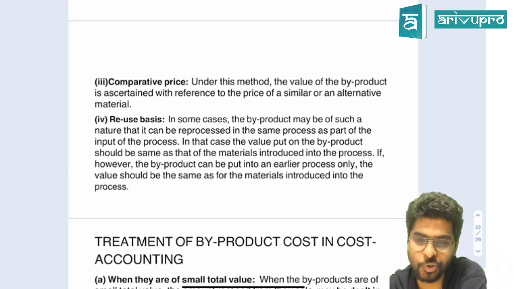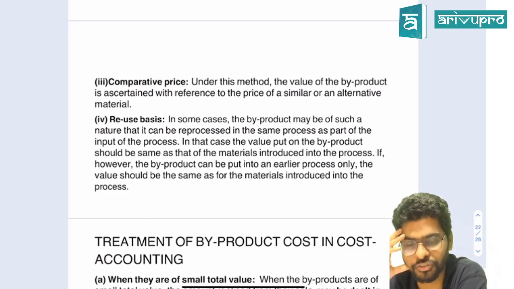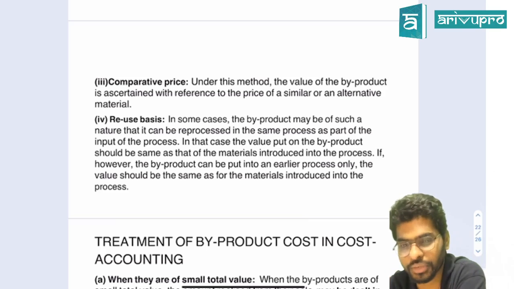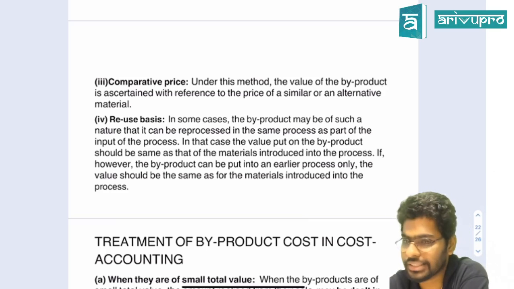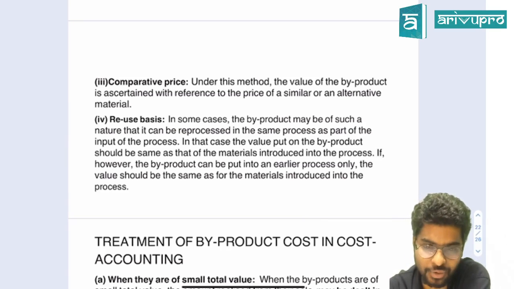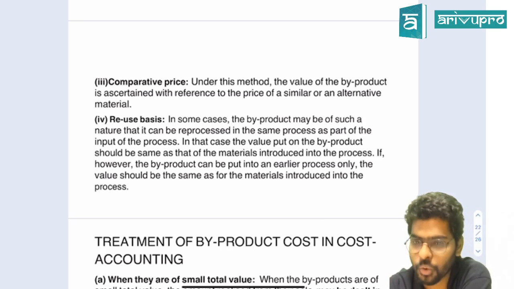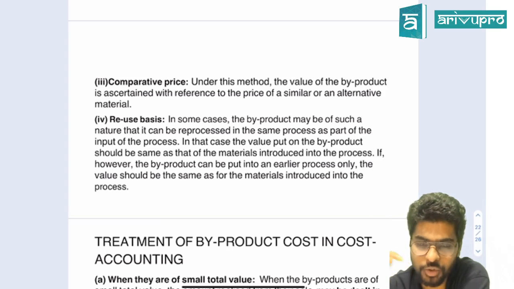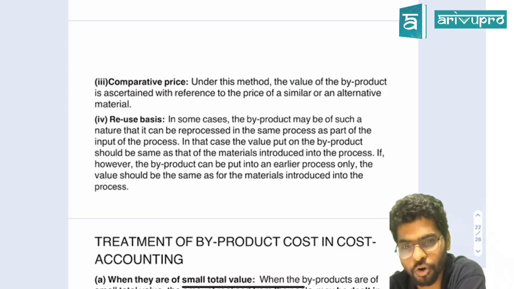So for byproducts you don't have to break down too much, because it's typically like the way we have done our joint products. But what is more important is how you are going to be treating the byproducts. Since the byproducts are of a lesser value, what we do is we treat the byproducts as a normal loss value.